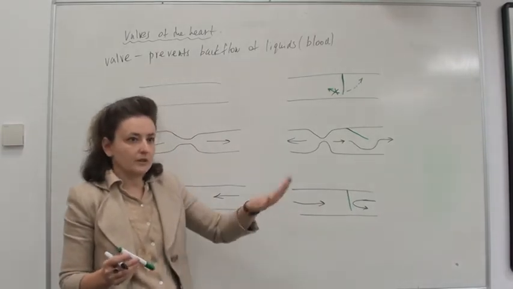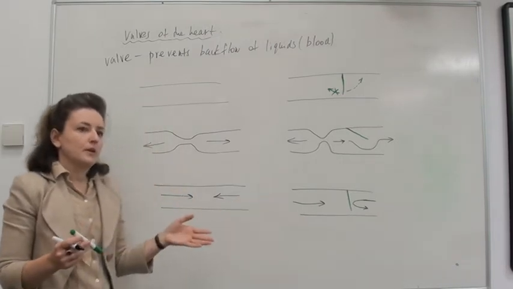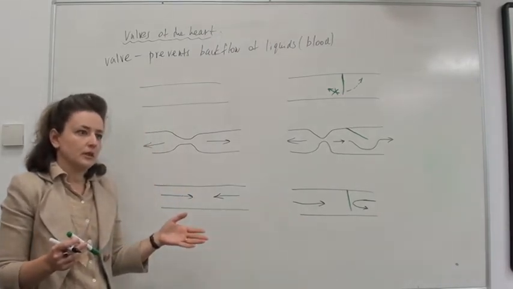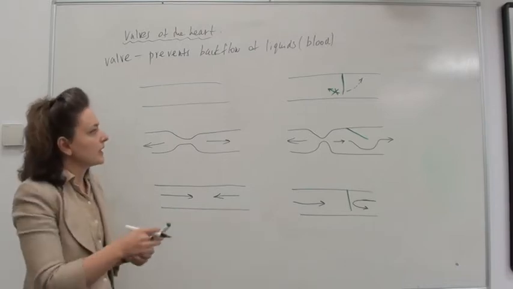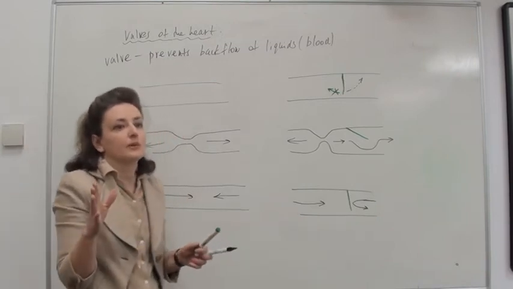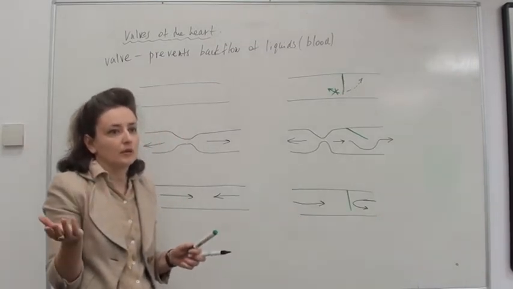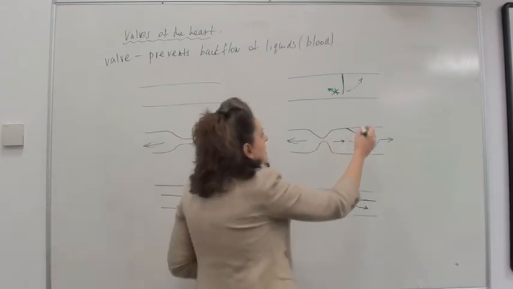If I didn't have that swinging gate, I wouldn't be able to move liquid overall in any specific direction. Does that make sense now? So my gate in that picture is the valve. This is a very, very simple valve. A lot of valves are a lot more complicated, but it gives us a good idea of what a valve does in this scenario.